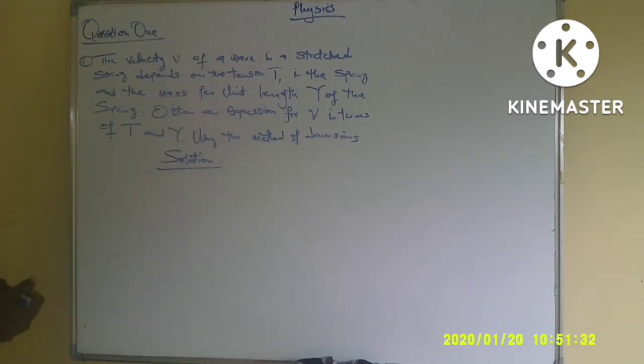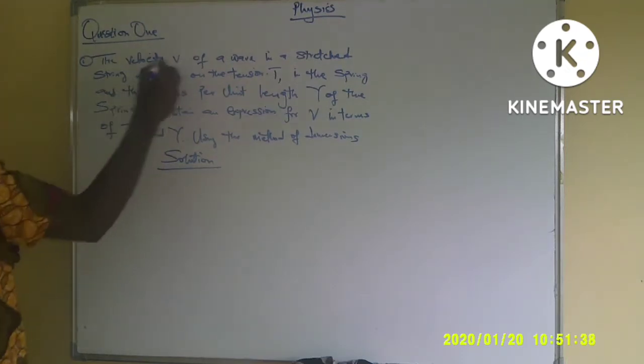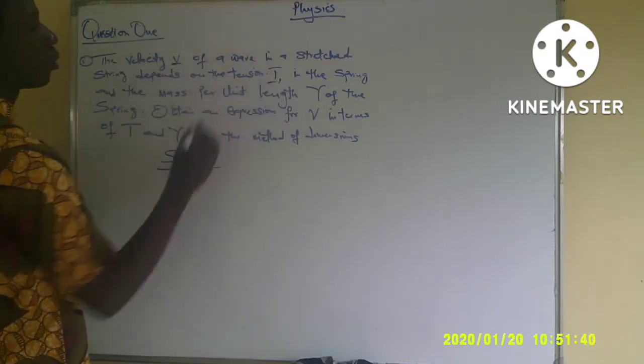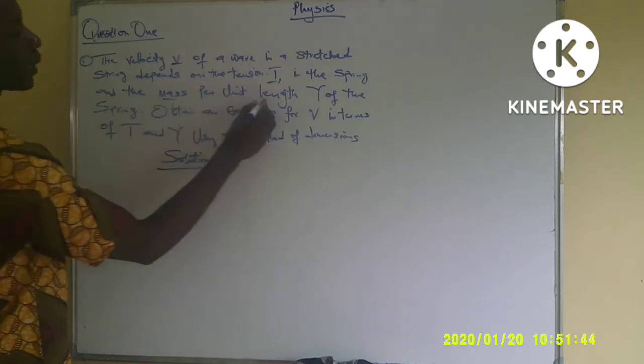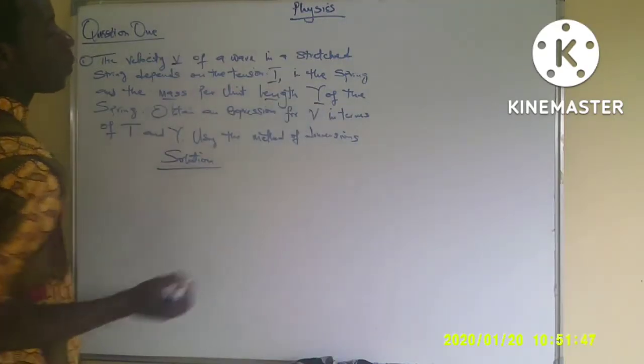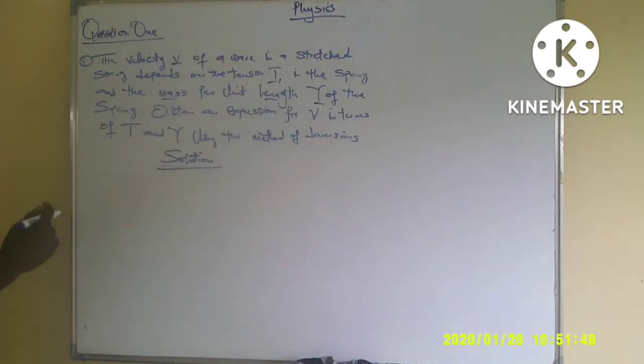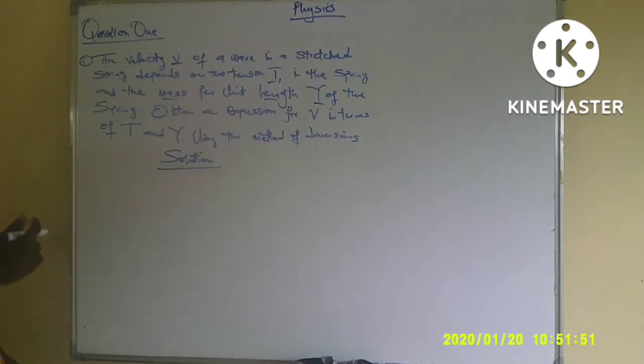The velocity of a wave in a stretched string depends on the tension T in the string, and the mass per unit length represented as mu of the string. Obtain an expression for V in terms of T and mu using the method of dimension. So we are expected to use dimension to solve this question.